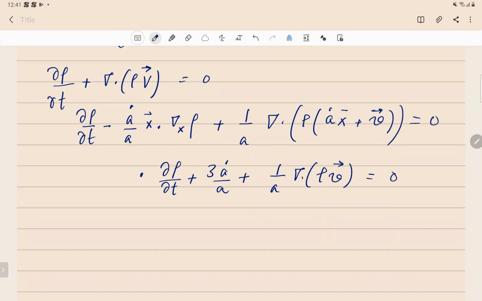equals 0. Similarly, if you work out the Euler equation, you would get this äx plus ∂v/∂t.